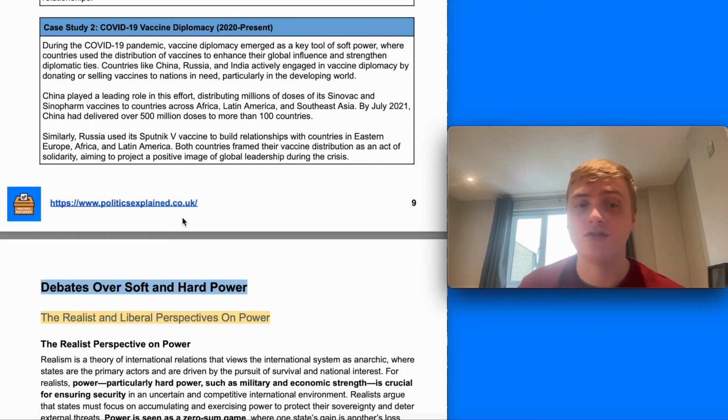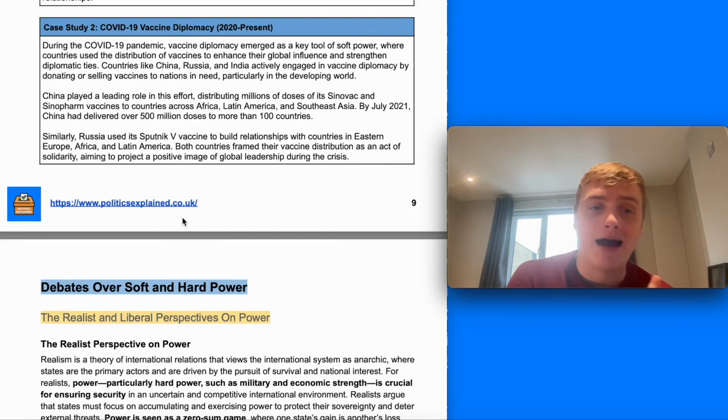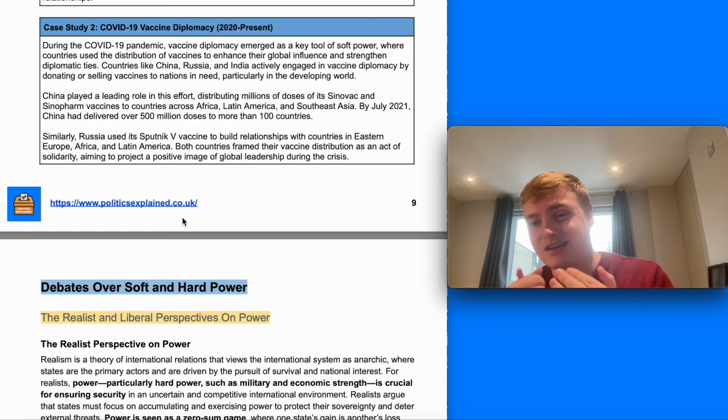For example, Russia uses the Sputnik V vaccine to build relationships with countries in Eastern Europe, Africa, and Latin America. Both China and Russia framed their vaccine distribution as an act of solidarity, aimed to project a positive image in a way that was trying to improve their soft power and influence in international relations and dislodge the dominance of the United States.